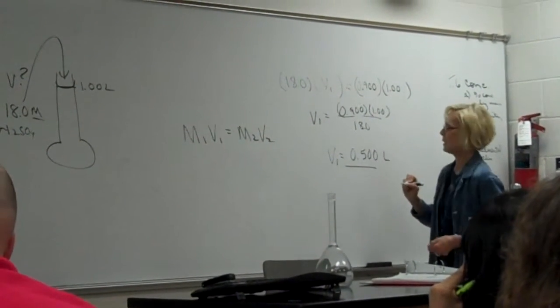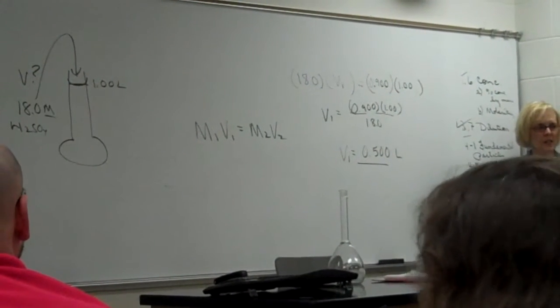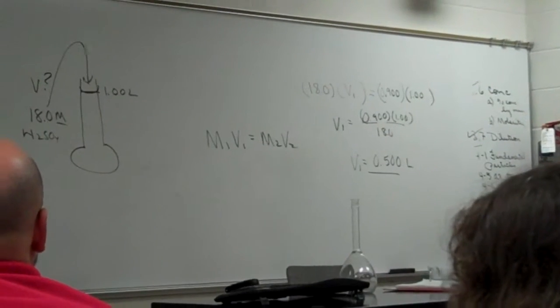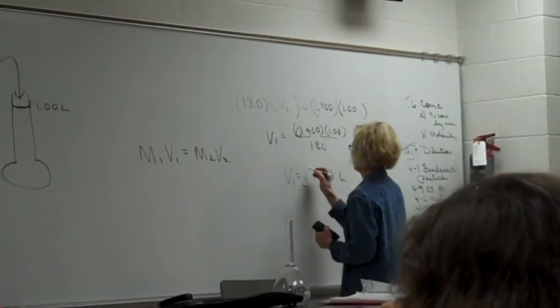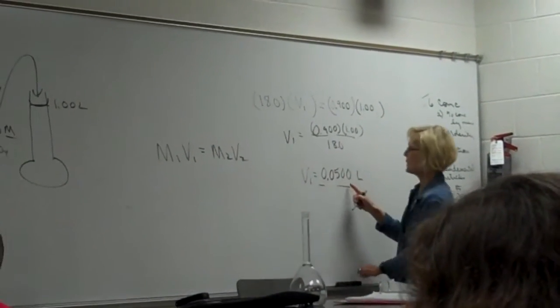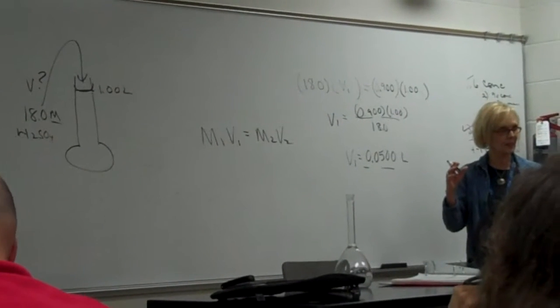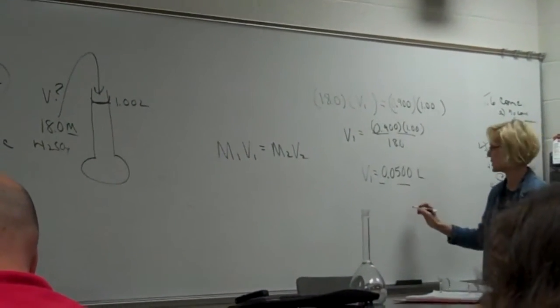0.500 liters of H2. Okay, is that what everybody got? That sounds like a decimal I trimmed in my head. Your head didn't work this time. 0.05, you were close. 0.0500 liters. I did 9 divided by... oh, okay, 0.9 times 1, there's the difference.